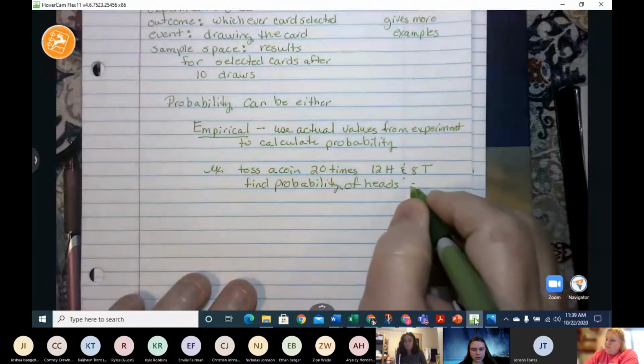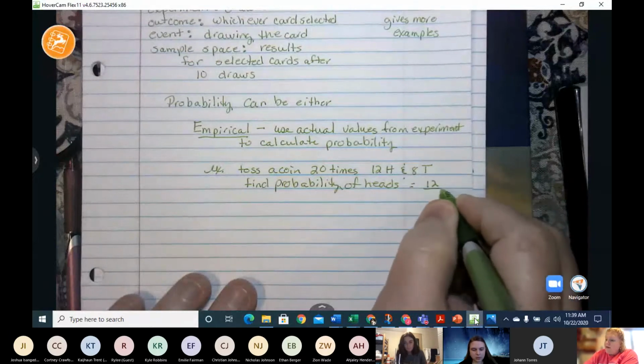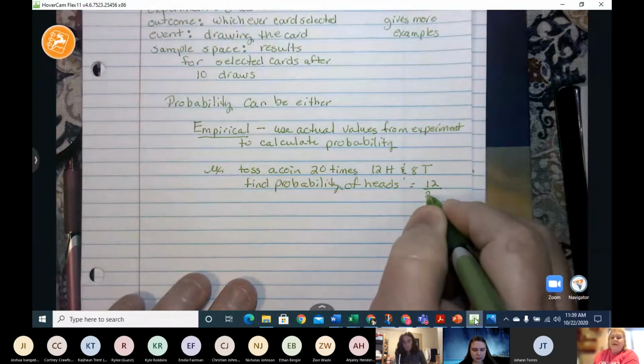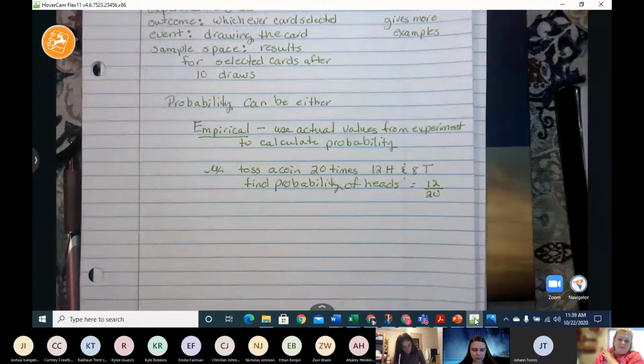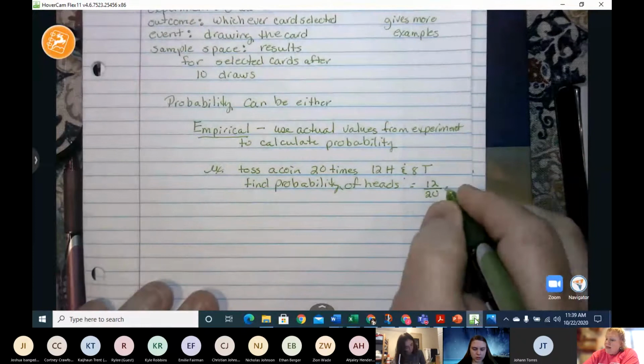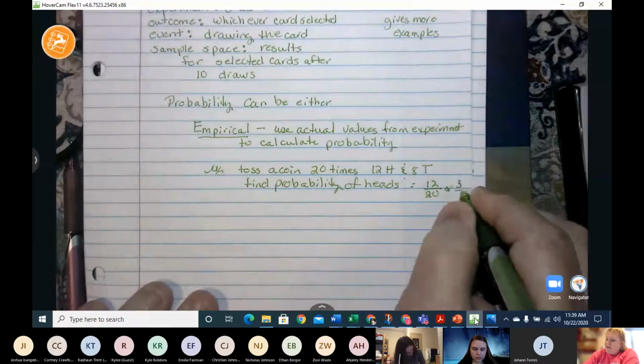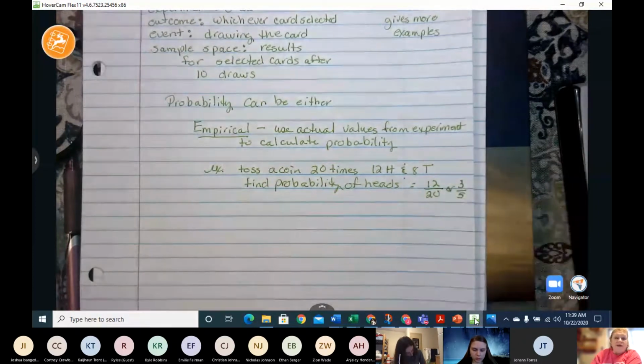So that means the probability would be 12 out of 20. Now, anytime we're doing probability, we always want to reduce that fraction to lowest terms. So that means that final answer would be 3/5.